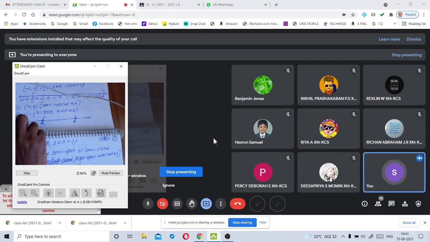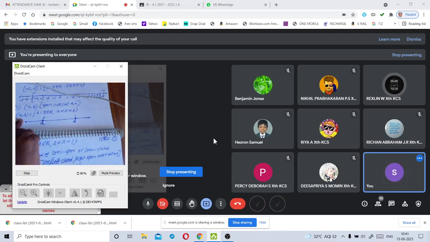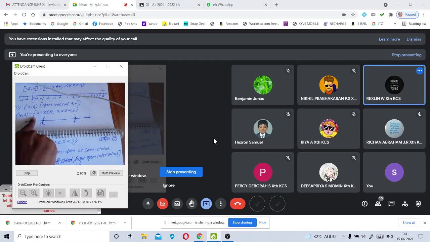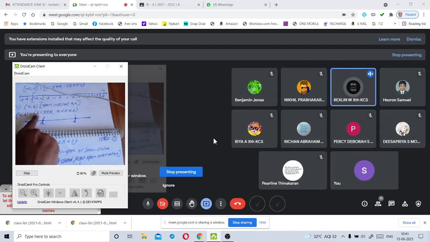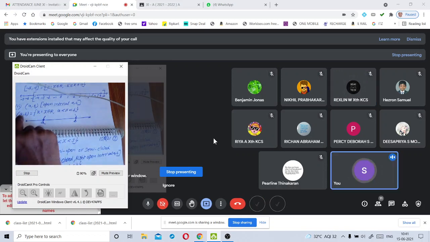My dear Rexlin, read this line. Open interval a comma b equals set of all x such that x belongs to R, a less than x less than b. Very good. My dear Samuel, read this line.